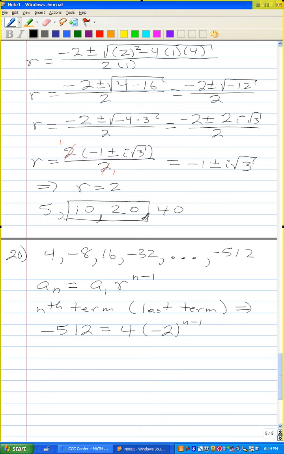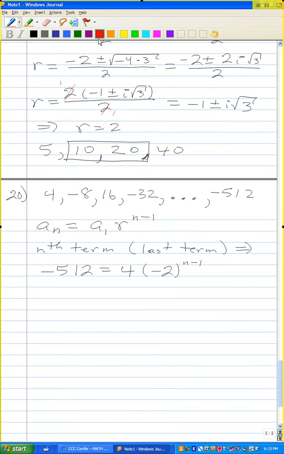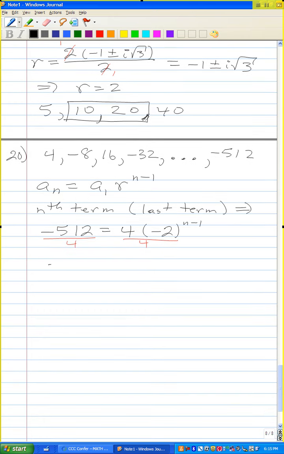Let me solve this equation. So let me divide both sides of my equation by 4. So I get negative 128 is equal to negative 2 to the n minus 1.